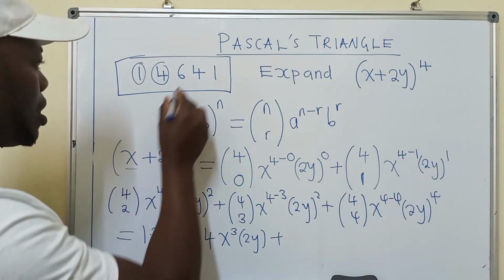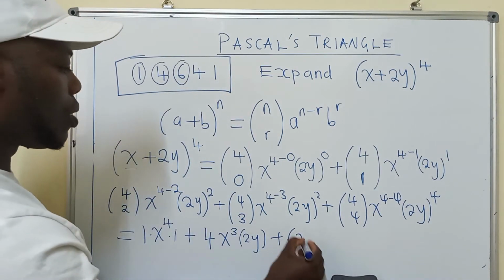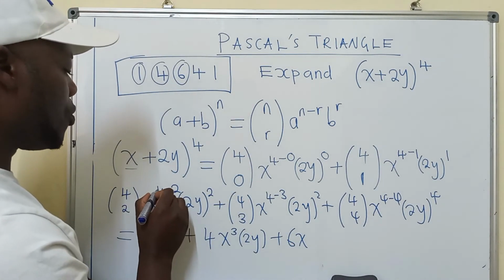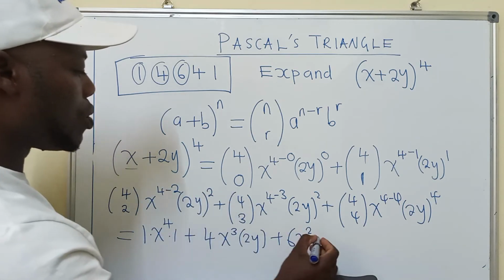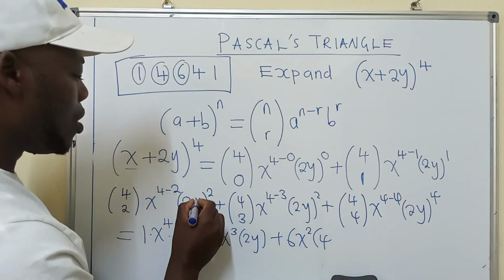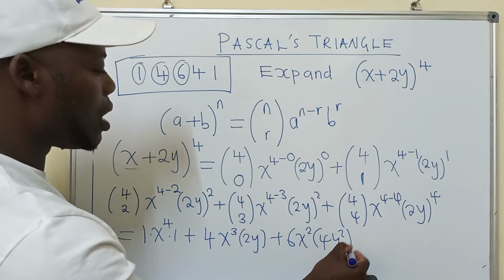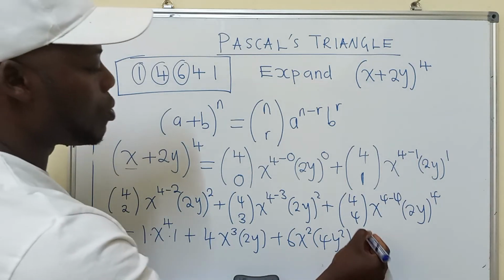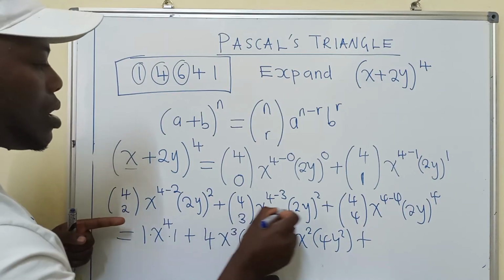Plus, we are now here, it's a 6. This coefficient is 6. So we have x, here 4 minus 2, it's a 2. 2 power 2, it's a 4. There 1, y power 2, it's a y power 2. Plus, where are we next? We are from here. We are now here.